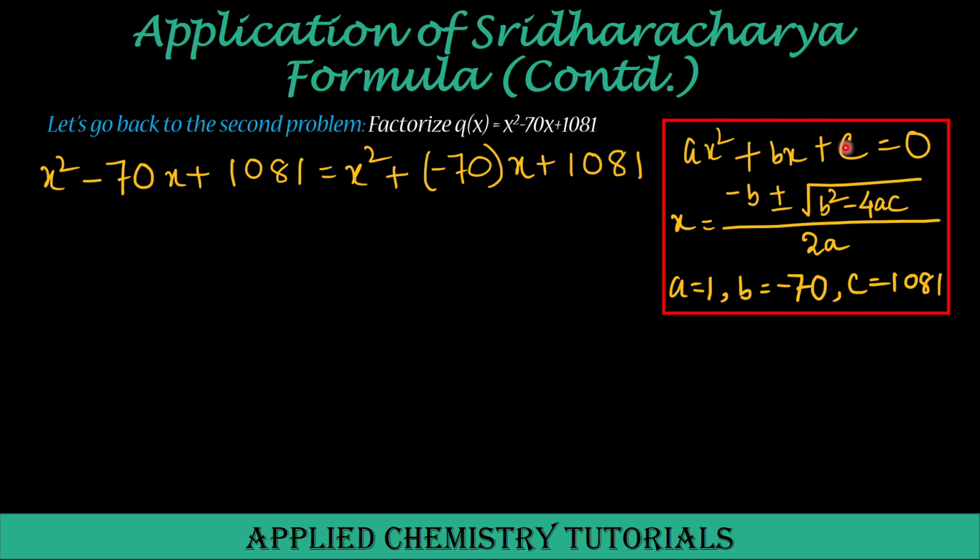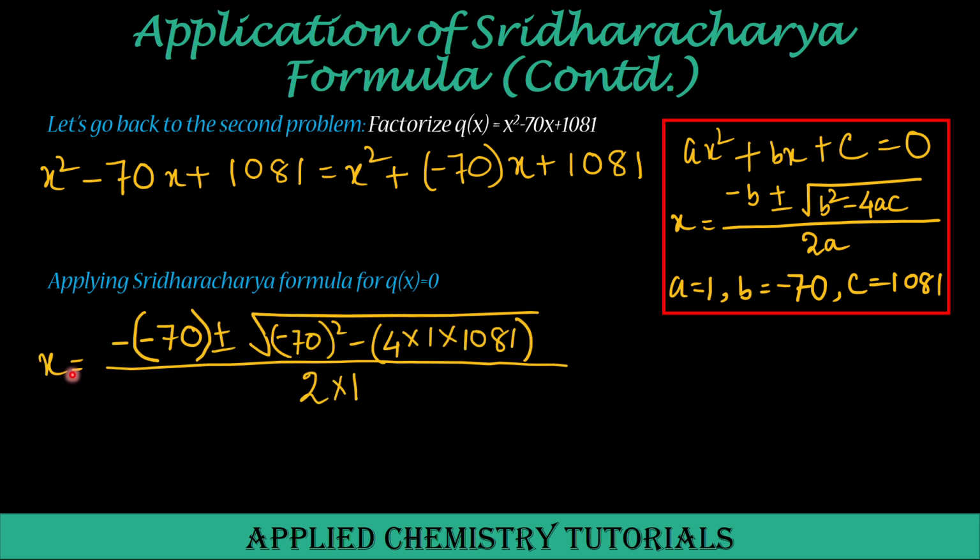And now if we want to match, we can have a = 1, b = -70 and c = 1081. So now applying the Sridharacharya formula for q(x) = 0, we are having x = -b, so minus of -70, ± √(b² - 4ac), so (-70)² - 4 multiplied by 1 multiplied by 1081, divided by 2a, so 2 multiplied by 1.